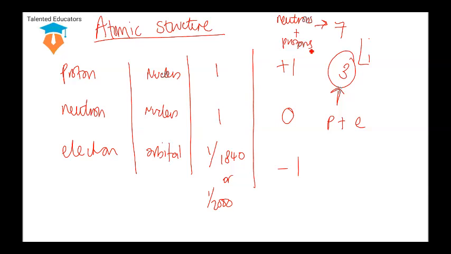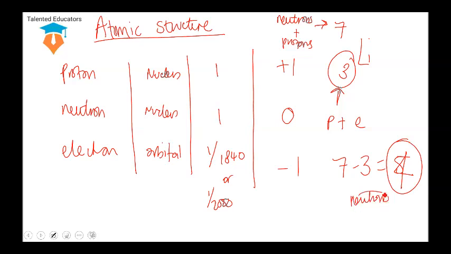So when you look at the atomic number, you know that's the number of protons, the same for number of electrons. Also, when you look at the 7 for the mass number, we know the mass number contains the neutrons and protons. So if you want to work out how many neutrons there are, you would do 7 minus 3 to give you 4, and that gives you the amount of neutrons there are. Simple GCSE revision.